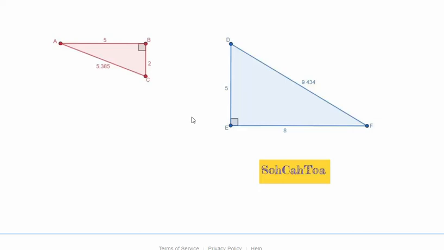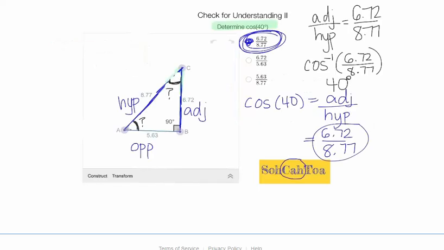So let's start by looking at this red triangle. So we have these sides 5, 2, and then we have our hypotenuse 5.385. If you remember, I told you on this side that our numbers were rounded. Let me highlight what I'm talking about.